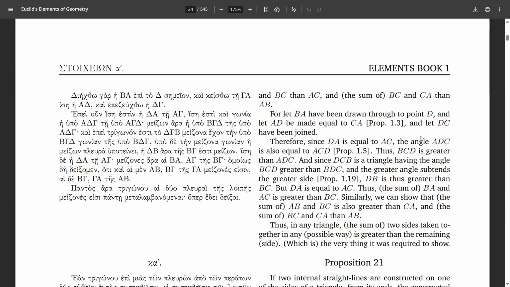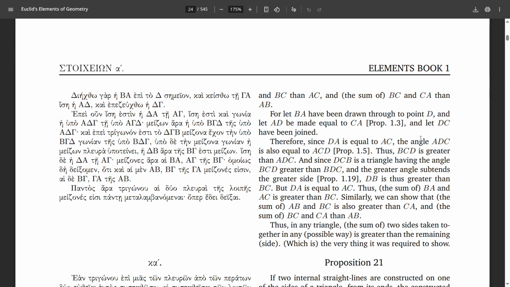It is thus greater than ADC, and since DCB is a triangle having the angle BCD greater than BDC. Wait, okay, let me go back. Prop 15, yep. So, thus BCD is greater than ADC. Is that true? I mean, yes, but let's actually point it out to ourselves.